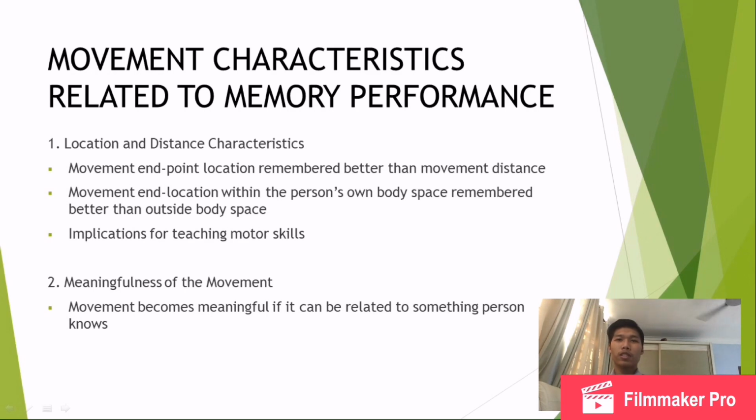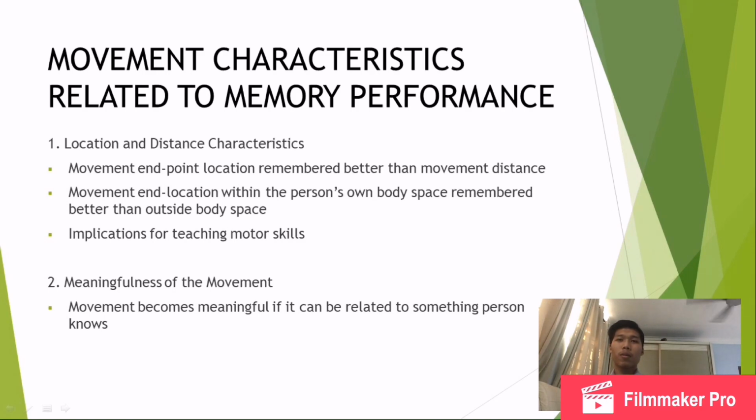Movement location within the person's body space is remembered better than outside body space, which means a person can easily restore a memory when it involves a specific location and distance of a movement. For example, we could easily memorize the spatial position of various points of movement, such as the beginning and the end point of a golf swing.